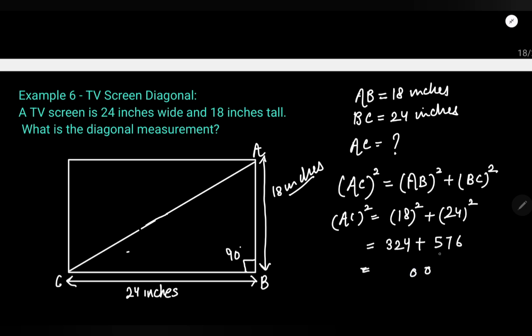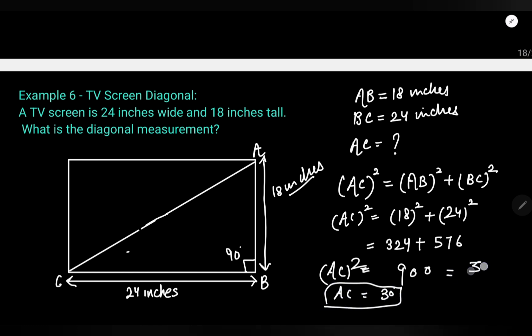This will be equal to 900. So AC square is 900. That means AC is what? 30, because 900 is equal to 30 square. So AC is equal to 30. I hope you are getting it. This theorem is really simple, really easy and important as well.